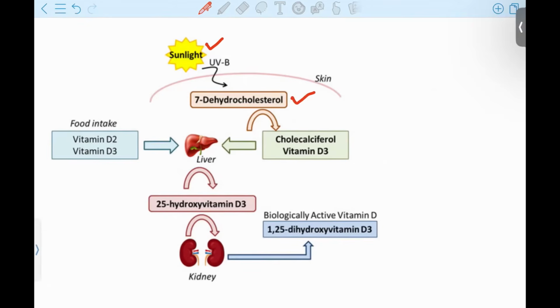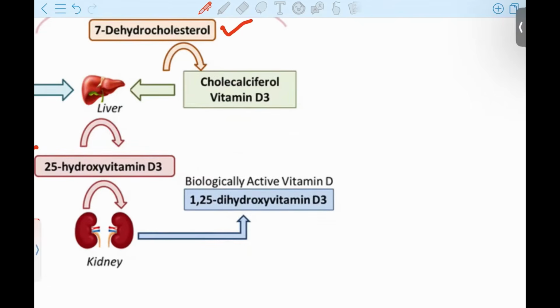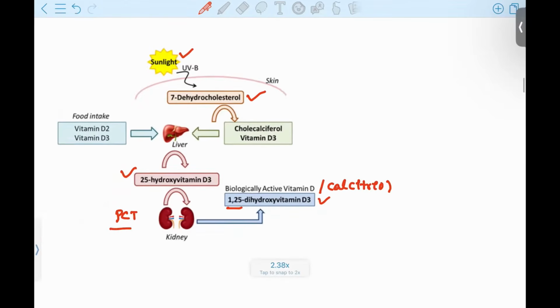Then this 7-dehydrocholesterol will reach the liver, and the liver will convert it into 25-hydroxyvitamin D3. After that, it will reach the kidneys, especially the PCT, and the PCT will convert it into the biologically active 1,25-dihydroxyvitamin D3. So this is our active vitamin D, which is also known as calcitriol. So this is the common pathway of vitamin D.